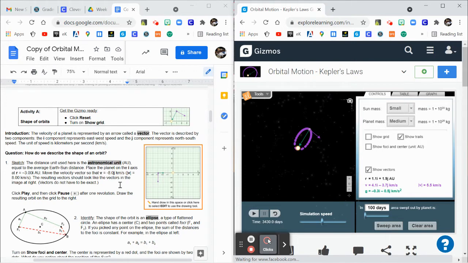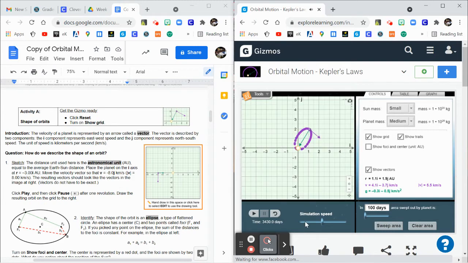Let's go ahead and show the grid. Okay, there it is. We're going to place our planet on the y-axis, where r is 3.